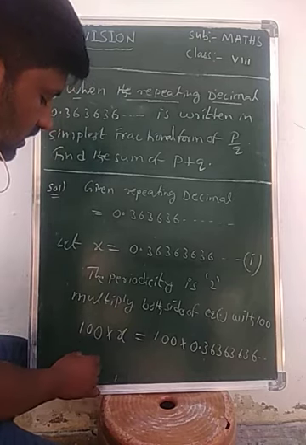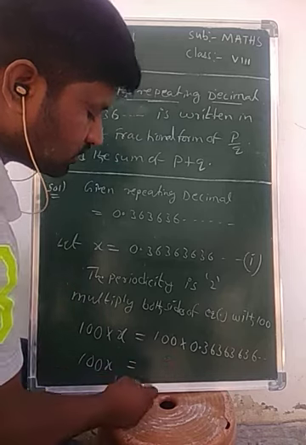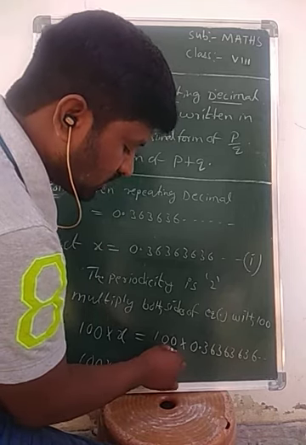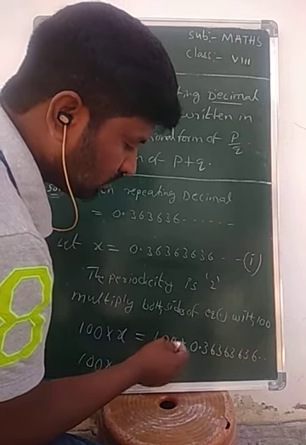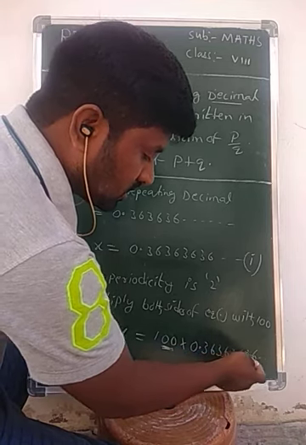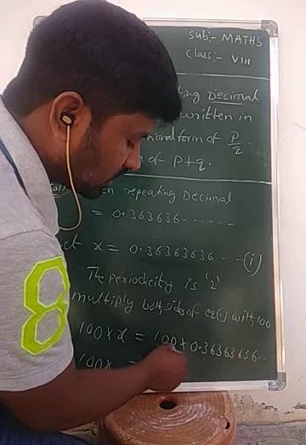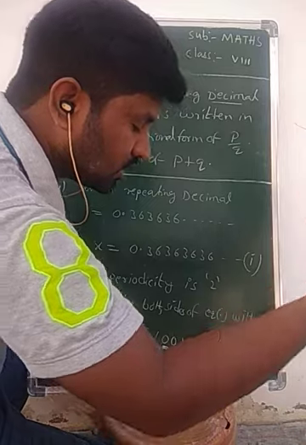Now 100 into x, that is 100x equals, you just see here 2 zeros are there. How many zeros are there? 2 zeros. If you are multiplying 0.36363636 and so on with 100, the point jumps 2 places in the decimal part.